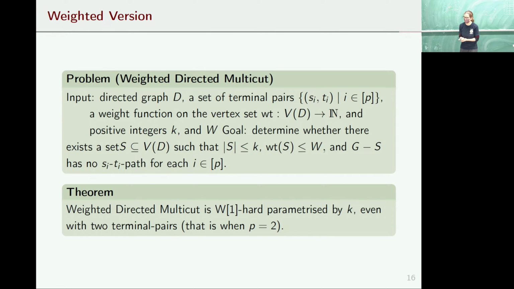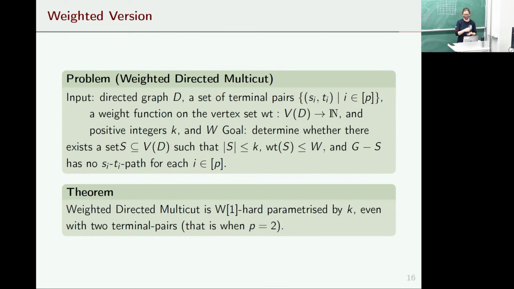A lot of these tools were used for weighted proofs, so we were asking ourselves whether we can do anything about weighted directed multicut. The answer is no. For weighted directed multicut, it turns out that you can transfer the hardness proof for 4 terminal pairs to the directed version by encoding the problem of 4 terminal pairs into the weights instead.